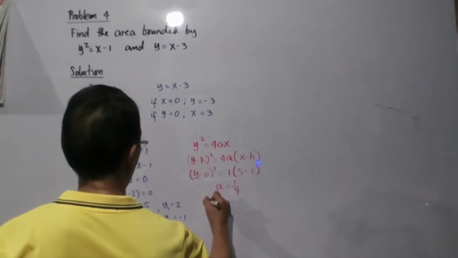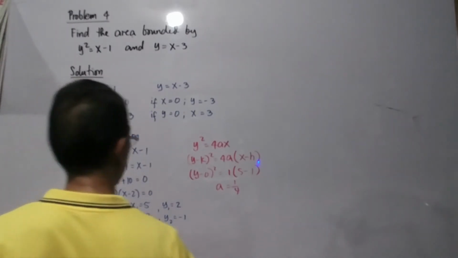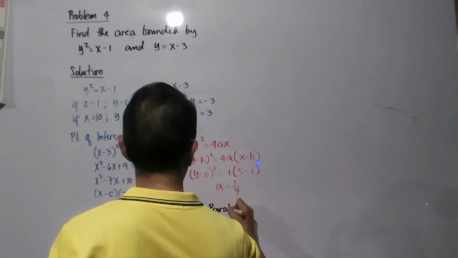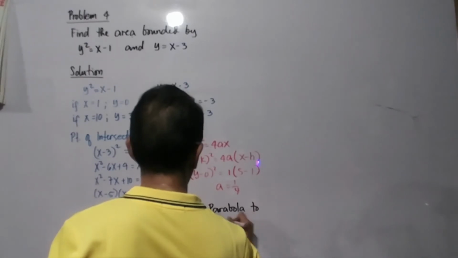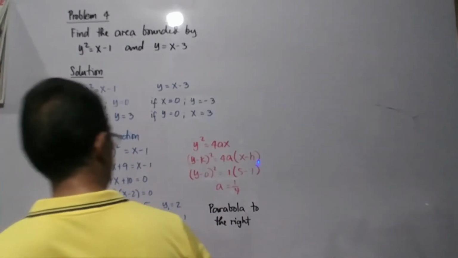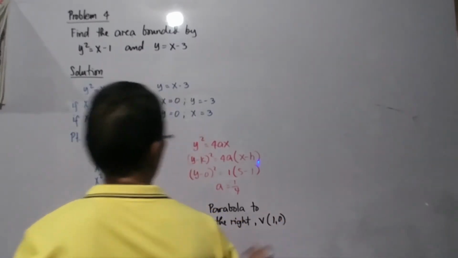So it is a parabola opening to the right, with a vertex at 1, 0. Okay.